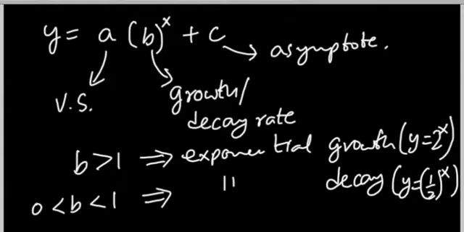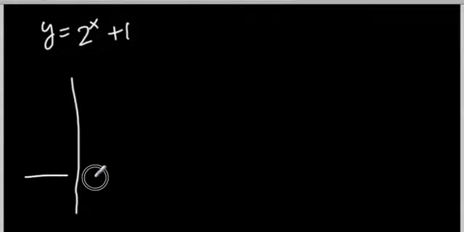Okay, so let's start graphing these and get an idea of how to graph a couple of these functions. So let's do y is equal to 2^x plus 1. The first thing you must always do whenever you get an exponential function is draw the asymptote.